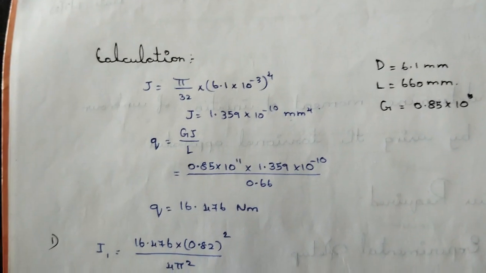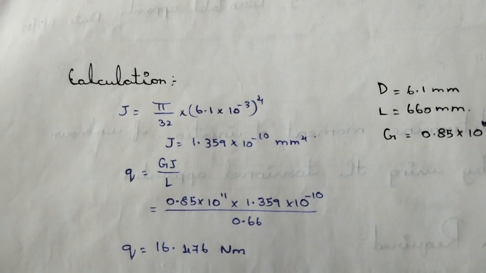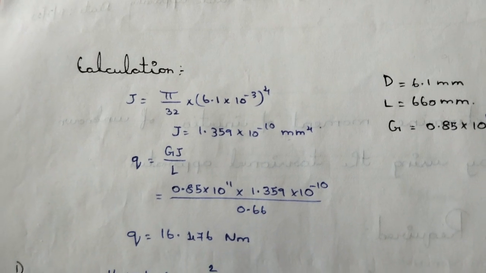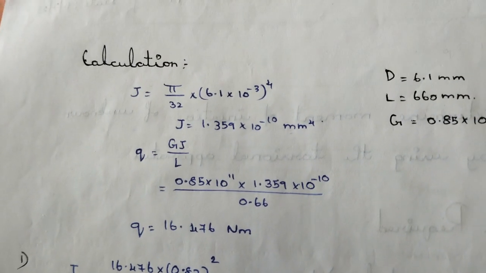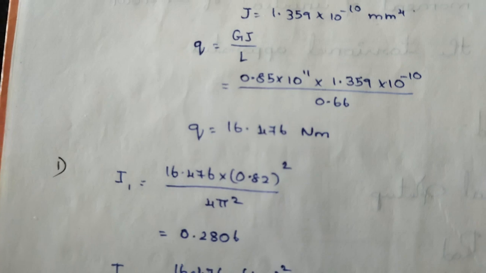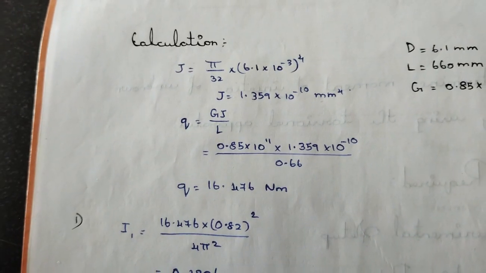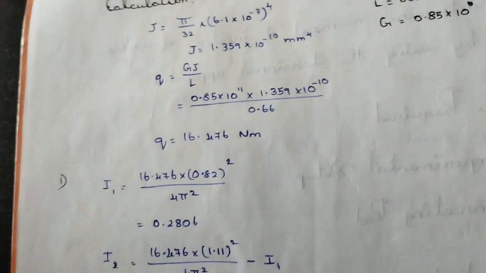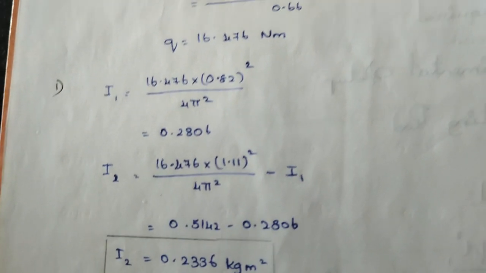Here J is calculated from pi by 32 into d power 4, where d is the wire diameter. From this formula we got the torsional stiffness value 16.476 Newton meter per radian. For this value we are going to use the I1 formula and I2 formula.